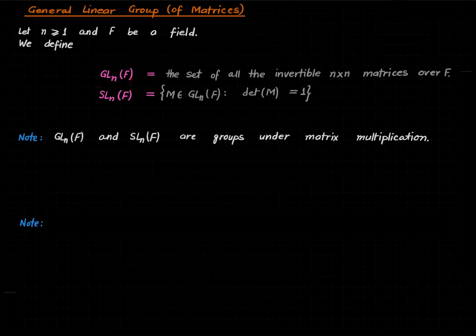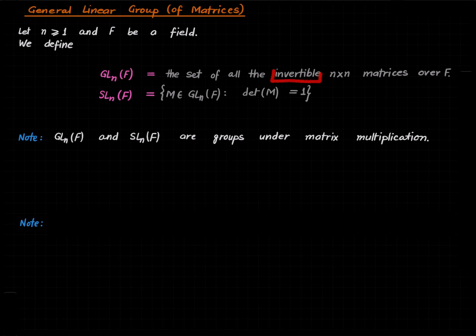So this becomes a group under that binary operation because the associativity is clear, because matrix multiplication is associative. The existence of identity, well, the identity matrix serves as the identity, and inverses, well, all the invertible matrices can be inverted.